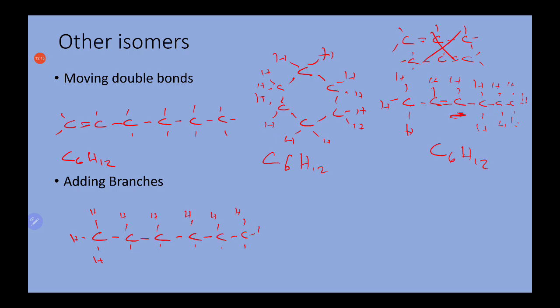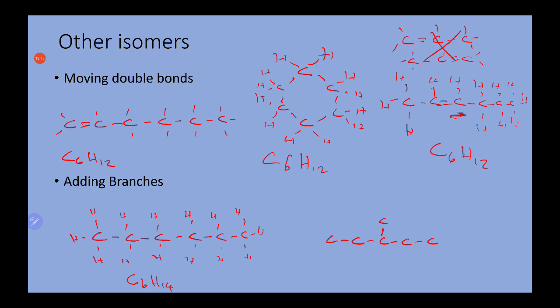Now, all we need to make sure is that whatever we draw has a completely different structure, but it must have C6H14 as its molecular formula. So let's draw something that's got 5 carbons in its long chain, and right in the middle of the molecule, I'm going to stick a methyl branch.